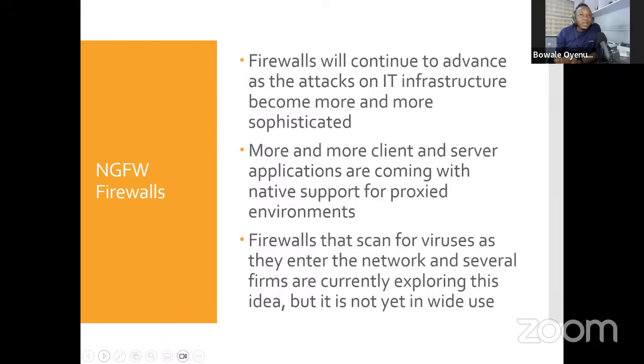The reason why a firewall can filter traffic, scan for malware and antivirus, do a level of intrusion prevention, and do a level of application control is because it is a next generation firewall. It can scan viruses at the network level and stop some exploits going on within the network because of the intelligence introduced into it that makes it a next generation firewall.